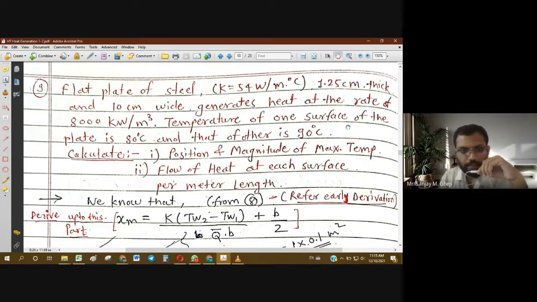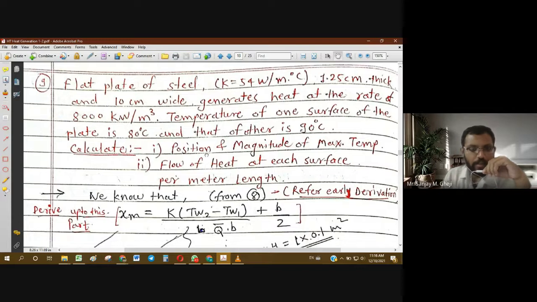Temperature of one surface of the plate is 80 degrees Celsius and that of the other is 90 degrees Celsius. Then calculate number 1, position and magnitude of the maximum temperature. Number 2, flow of heat at each surface per meter length.